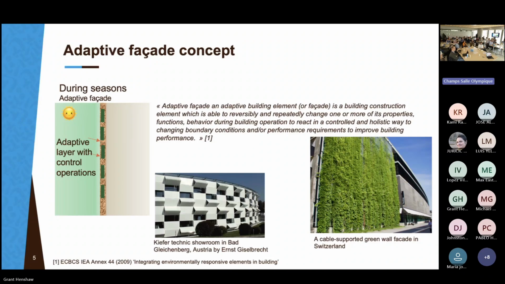Those two pictures represent some examples of adaptive facades. You have here a green facade where you have the evapotranspiration phenomena that can lead to a dynamic heat flow. And here you have movable shading where the solar gain is adjustable smoothly.